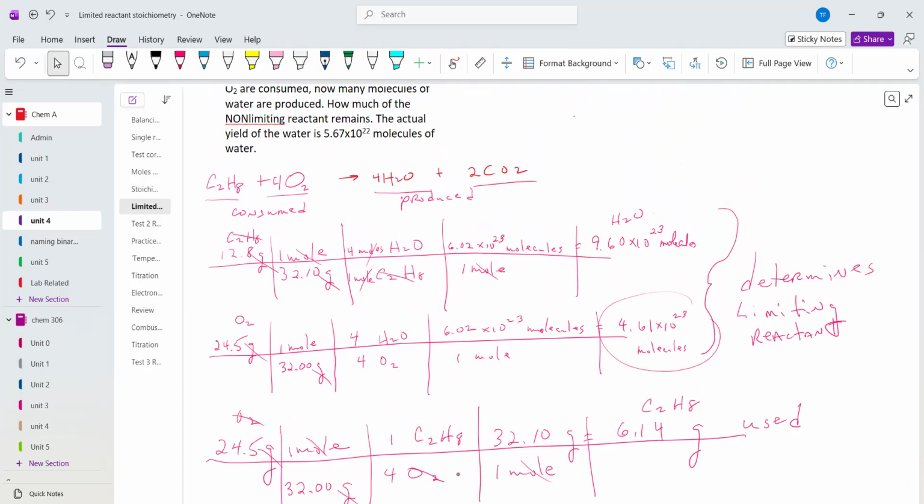Okay, the actual yield is 5.67 times 10 to the 22.